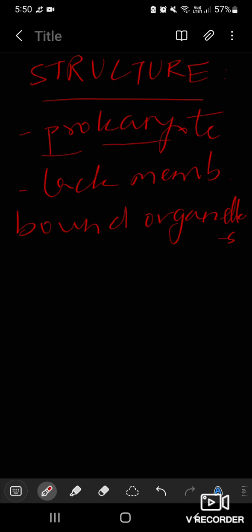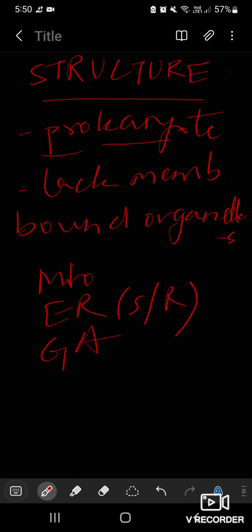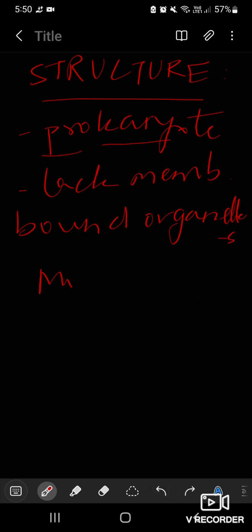Like we have for our animal cell, we have mitochondria, endoplasmic reticulum, smooth, rough. Then we have Golgi apparatus, things like that. And organelles here were mesosome, and we had the nucleus. Mesosome.